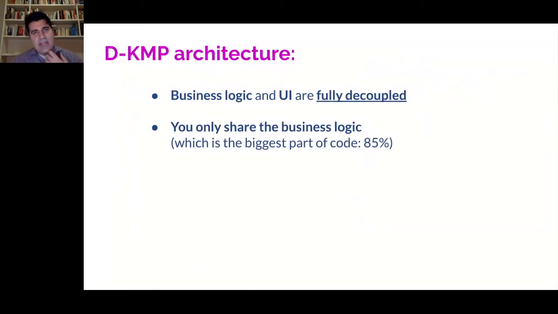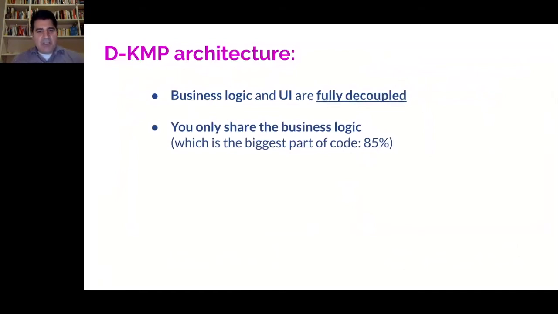Many people think, wow, it's incredible, 85% of business logic you are able to share. Yes, it is true, and we're going to show why it's so much, because we are able to put all the state of the application inside the shared part of the business logic as well.